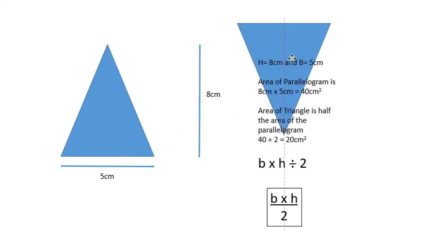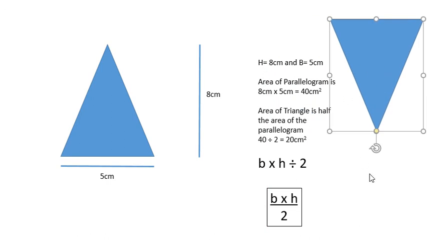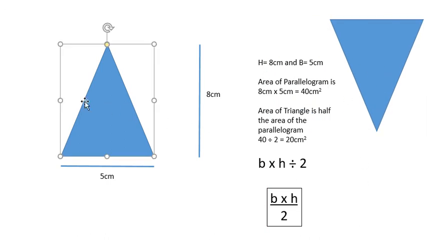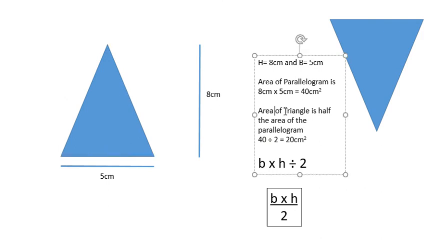What if I removed half of it? That means the area of this triangle is exactly half the area of the parallelogram. And I've written that right here. The area of the triangle is half the area of the parallelogram. So if the parallelogram is 40 centimeters squared, and our triangle is half of that, we could do 40 divided by 2, or 20 centimeters squared.